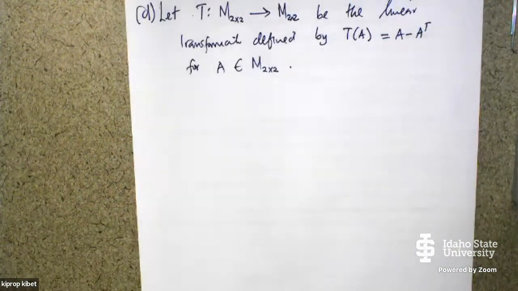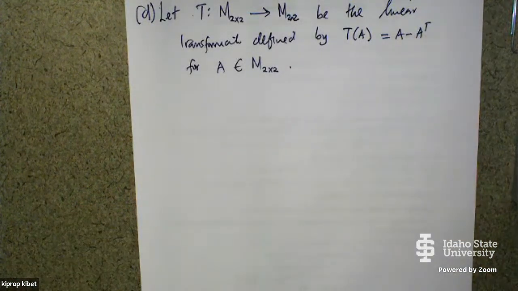Now describe the kernel and the range of that. If this is a 2 by 2 matrix, what is the kernel and the range?